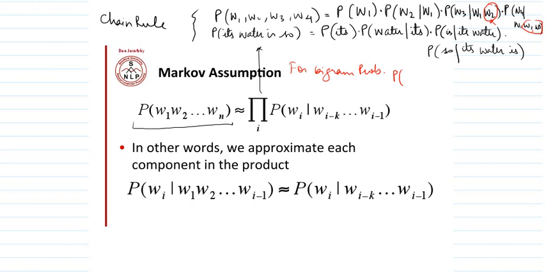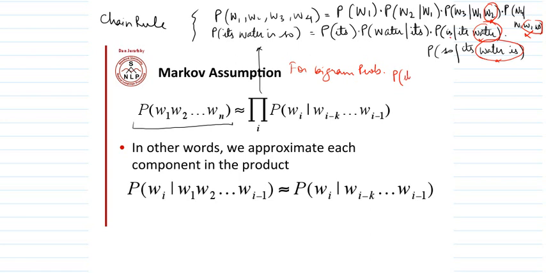Here this whole sequence will be replaced by just the last word, the word that is very close to so. These two will get eliminated. So what will be left out?